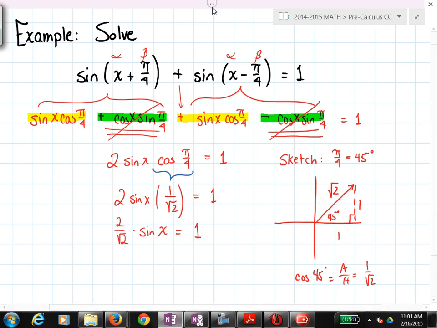I'm going to go ahead and multiply by the reciprocal, because I want to cancel out this term right here. So that's why I'm doing times the square root of 2 over 2, the reciprocal of 2 over square root of 2. That way, these cancel out, and I'll be left with sine of x is equivalent to the square root of 2 over 2.